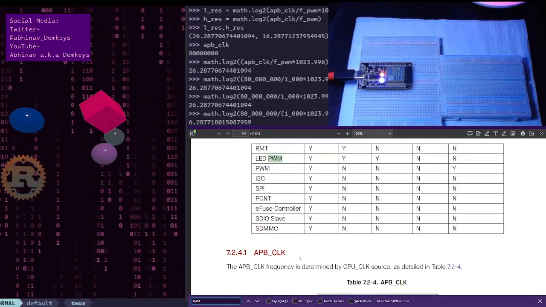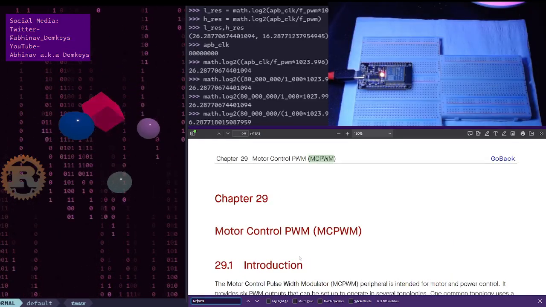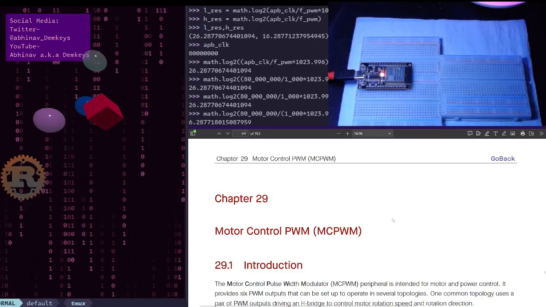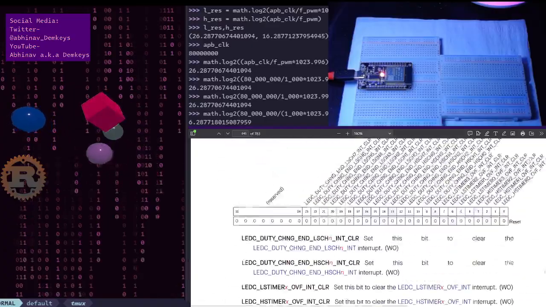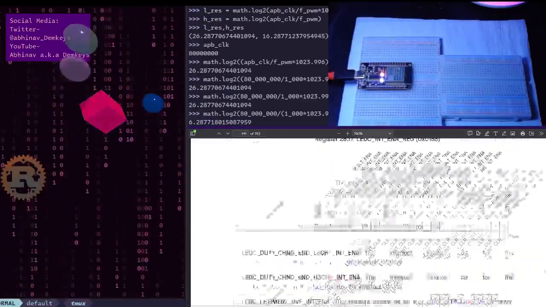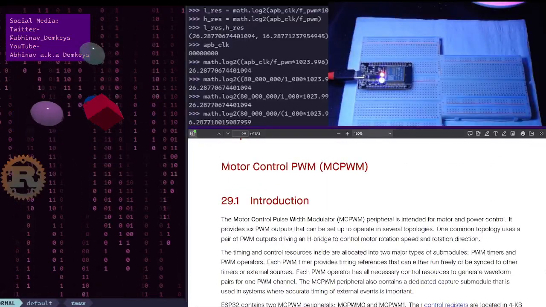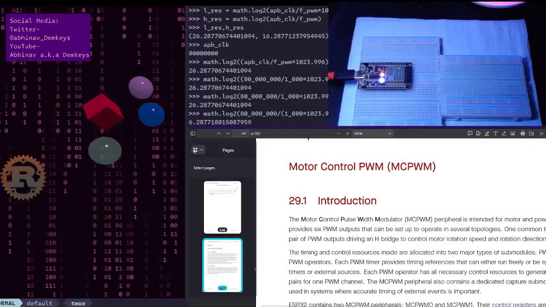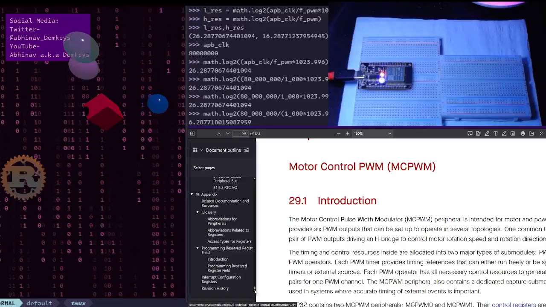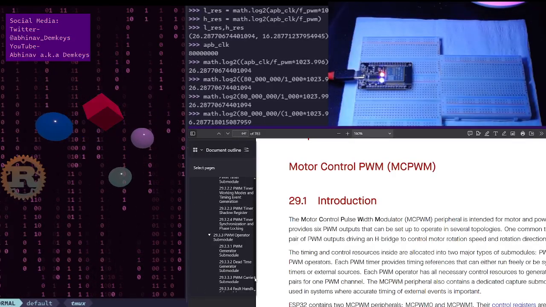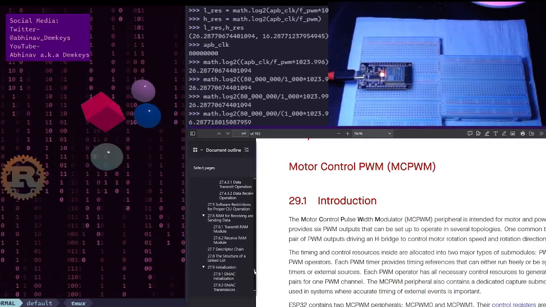That is 1,000 matches. We should not do that. MCPWM. Okay. Maybe I typed something wrong before. Right, chapter 29. Was the previous one 28? Yeah, LEDC was 28. So where are we in terms of chapters here? 29, PWM operator. Okay.